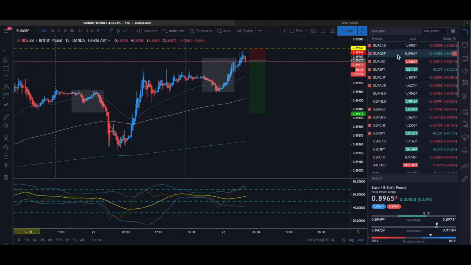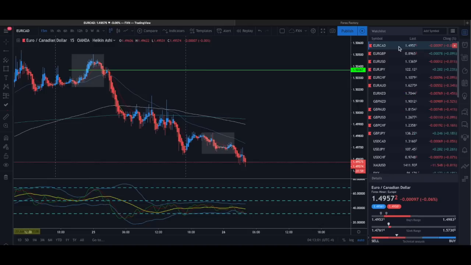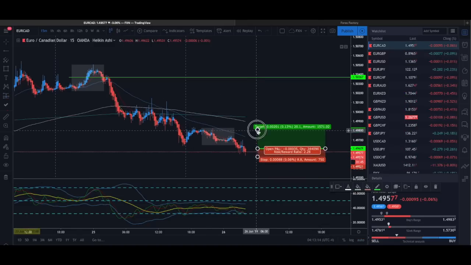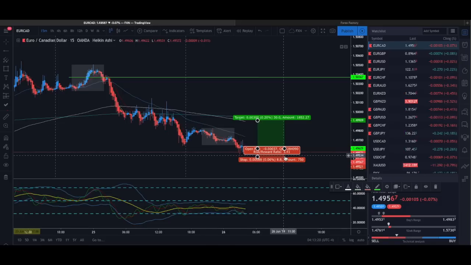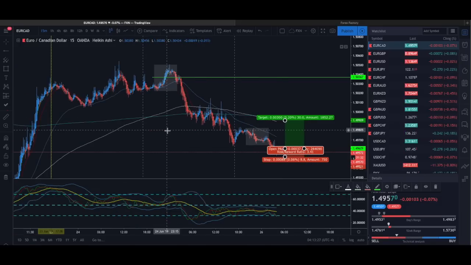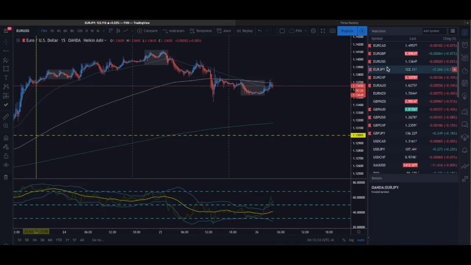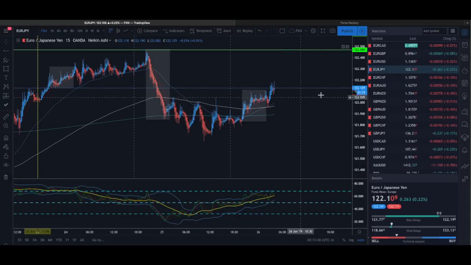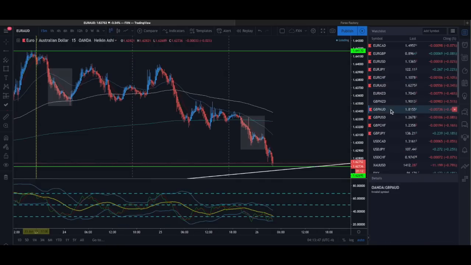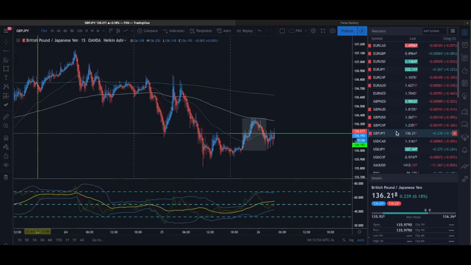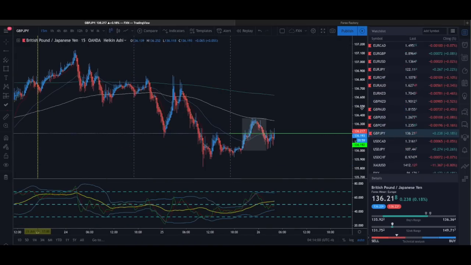I basically start asking myself questions like, am I going to get a 2-to-1 risk to reward ratio? Am I risking 15 pips or more, or is it going to be shorter than 15 pips? Am I going to get 30 pips out of it? Can I potentially get 50? I start asking myself these questions, and I start putting up the short and long position to help me assess what that trade might look like.